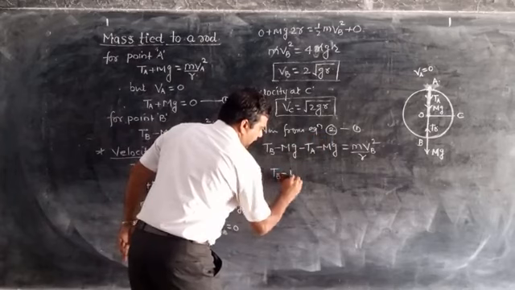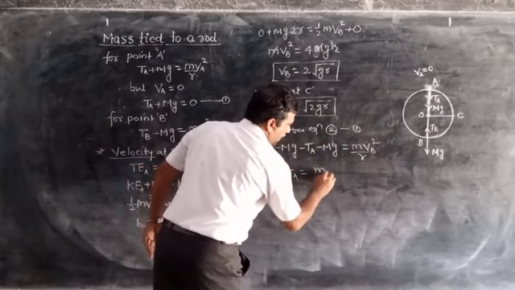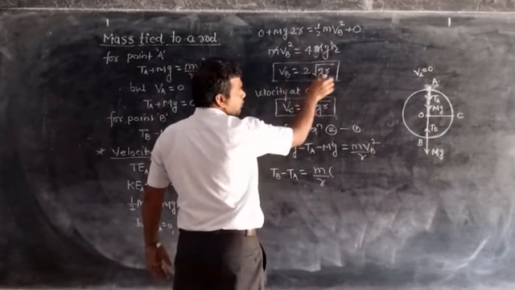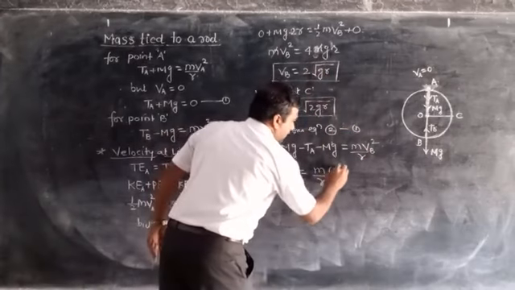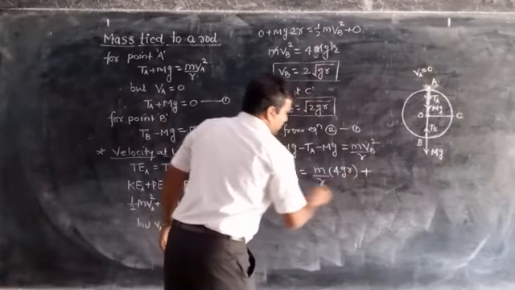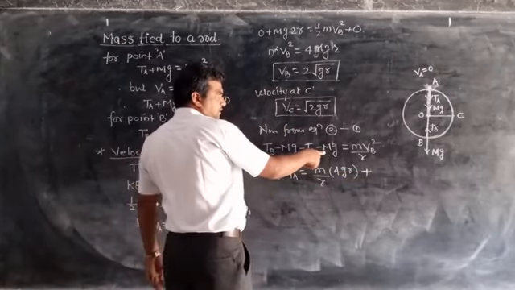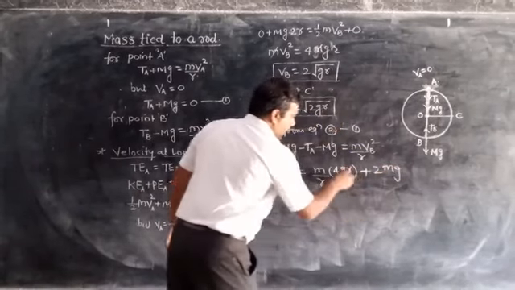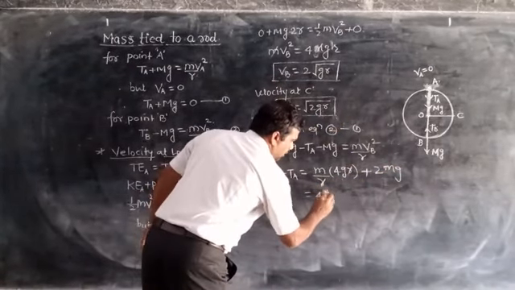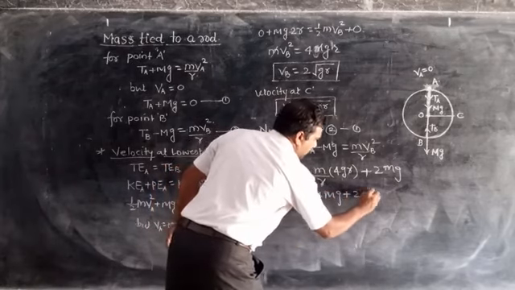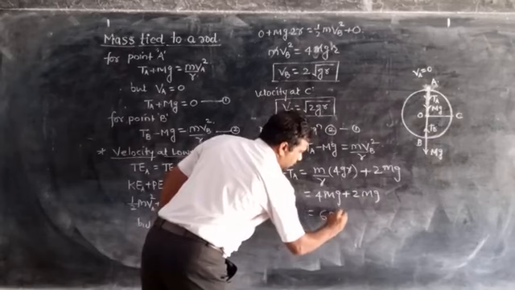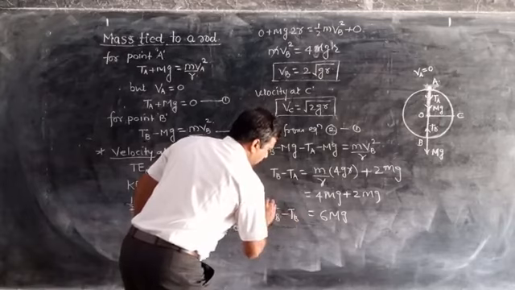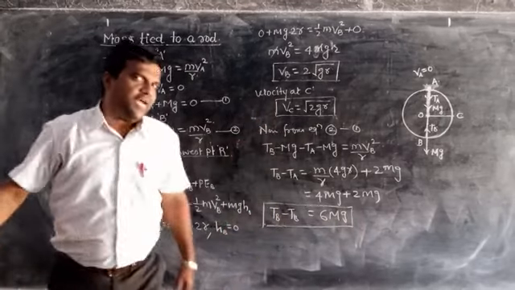Therefore TB minus TA is equal to m upon r into VB square. The value of VB square is 4gr. Plus this, minus mg minus 2mg, and if you write this on the right hand side, then it becomes 2mg. So r gets cancelled, means 4mg plus 2mg is equal to 6mg. And this is the difference between the tension at the lowest and highest point.